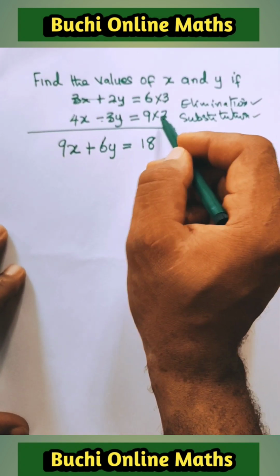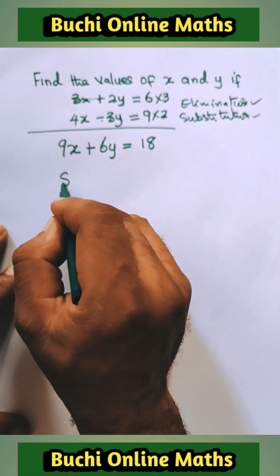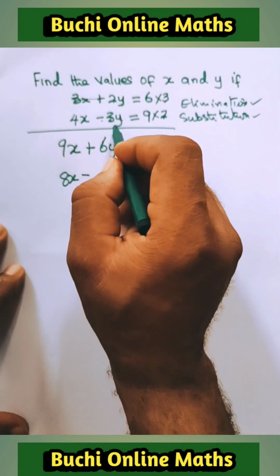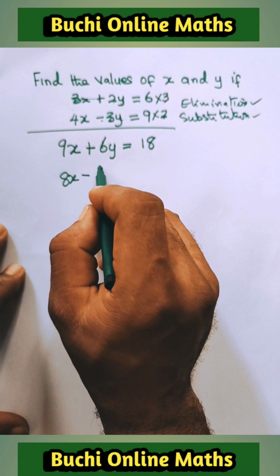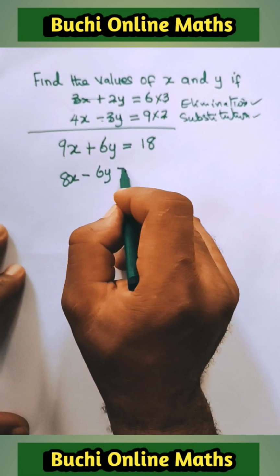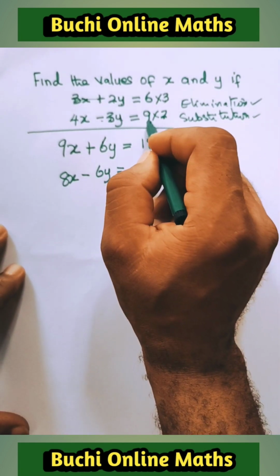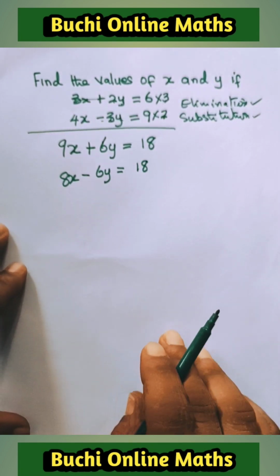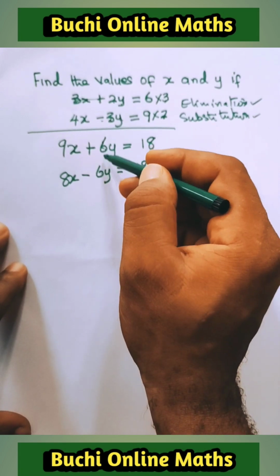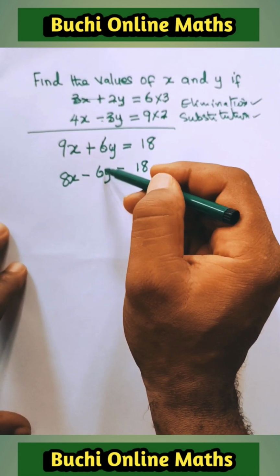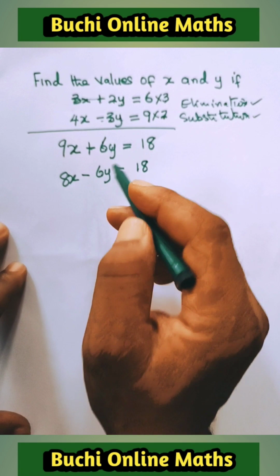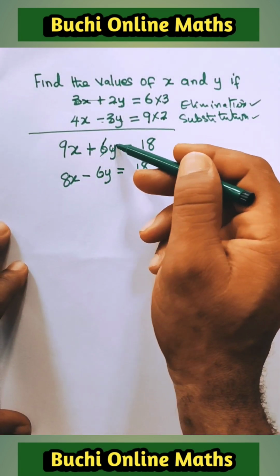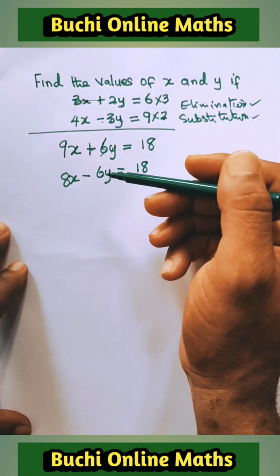At the same time, 2 multiply 4x will give us 8x, minus 2 multiply 3y will give us minus 6y, equals 2 multiply 9 will give us 18. You see, we have the same coefficients, so we can now eliminate y because this is plus and this is minus. So we just add the two equations together so that we eliminate 6y.